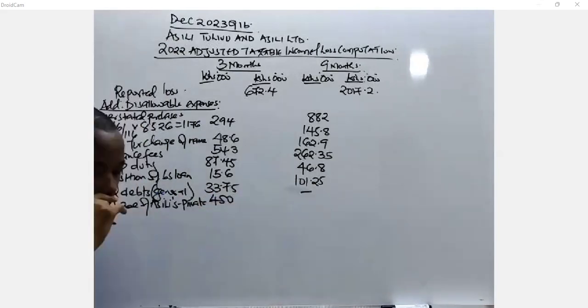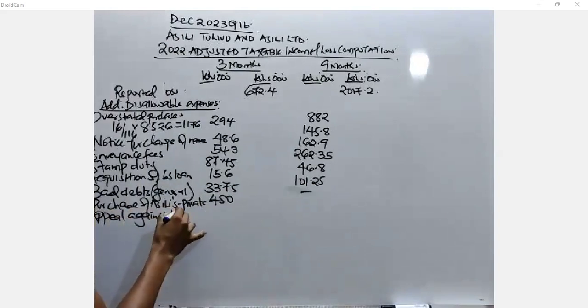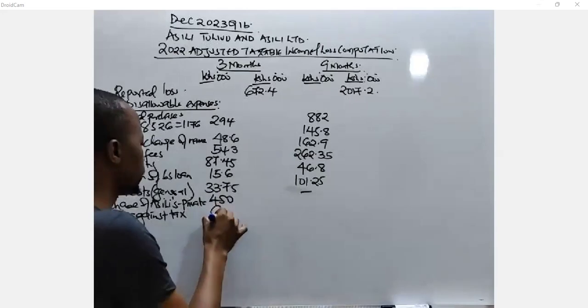Now, let us look at the appeal against tax assessment. Someone might say this tax related to the company, or the tax assessments might be directed to the directors. So it can apply to both, or you can do your assumptions. 246 times 3 divided by 12, getting 61.5.